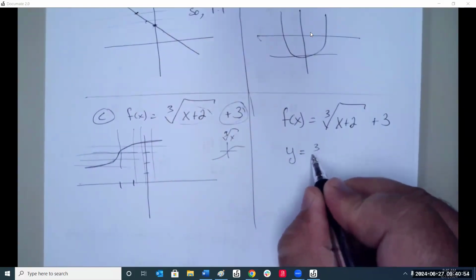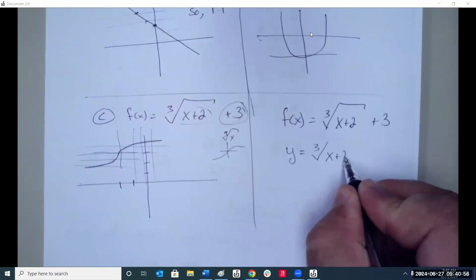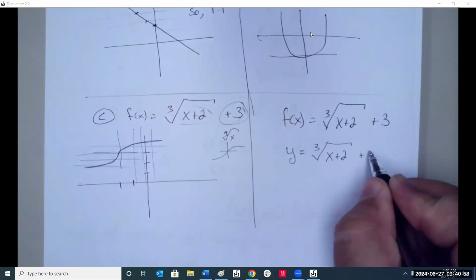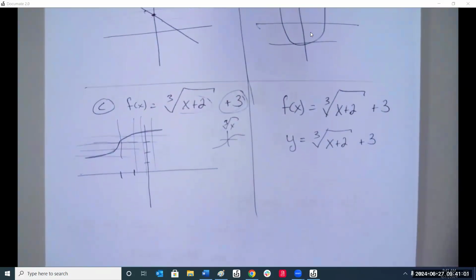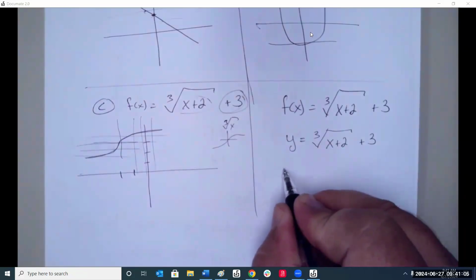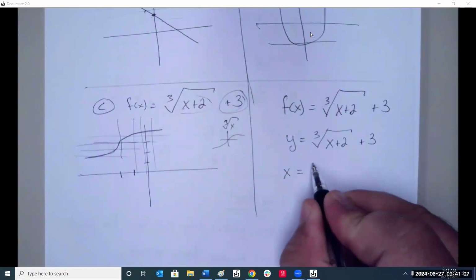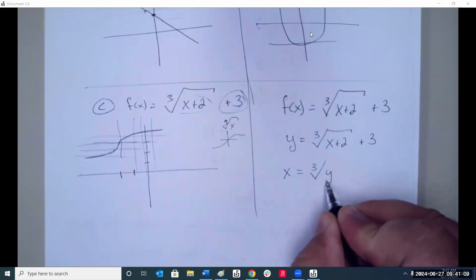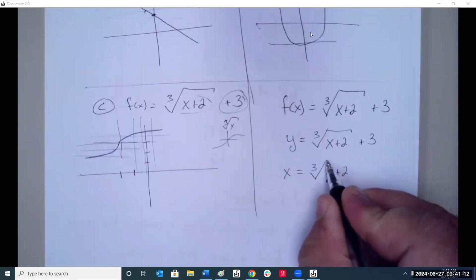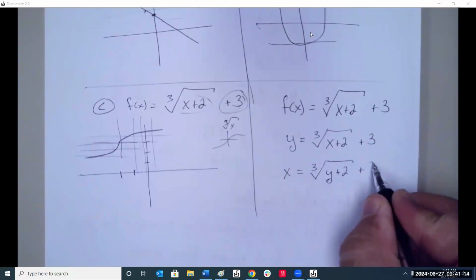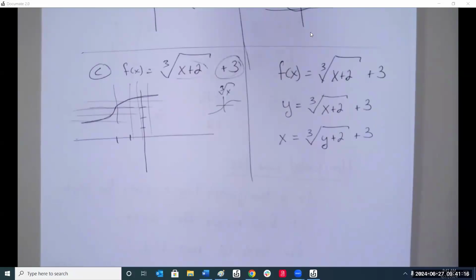So it's y equals the cube root of x plus 2, plus 3. First step, change x and y.